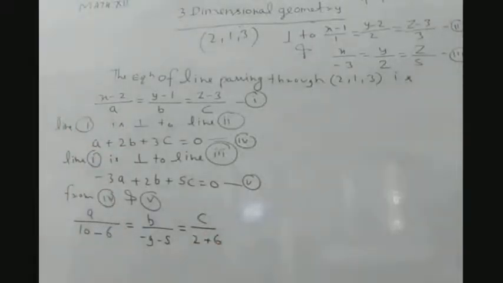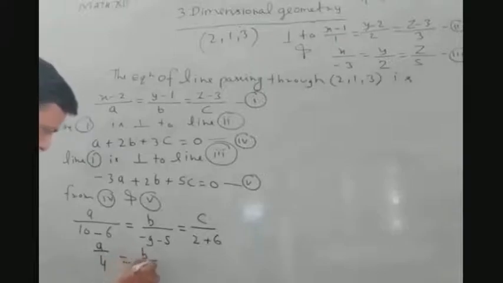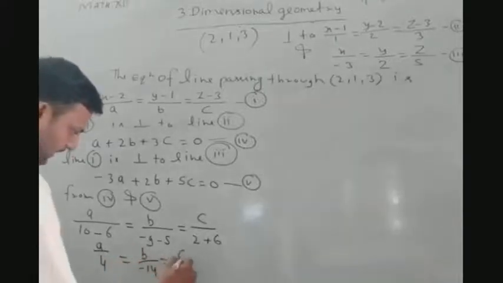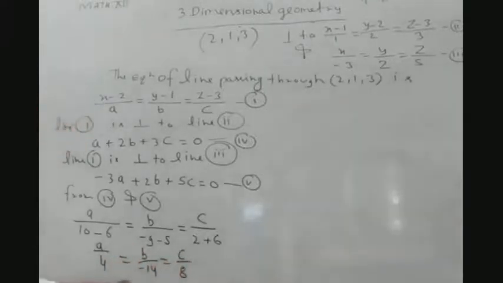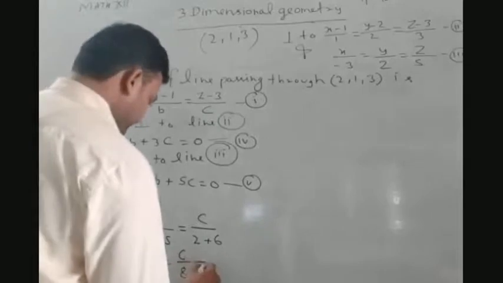Okay, after solving we get what? We write a by 4, b by minus 14 and c by 8. Now we take this equal to any constant.